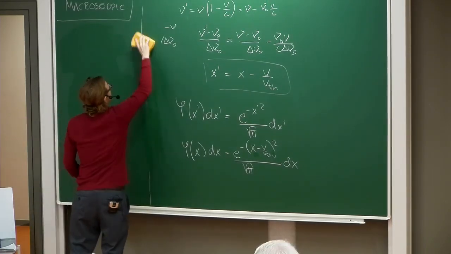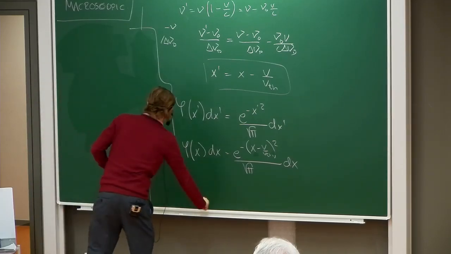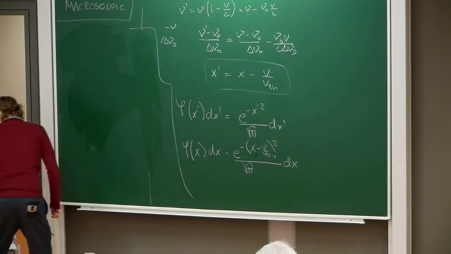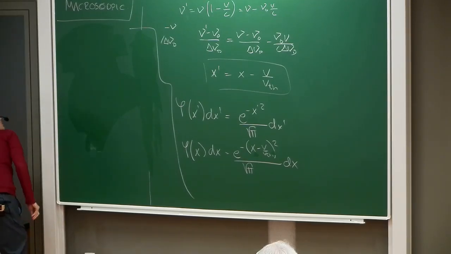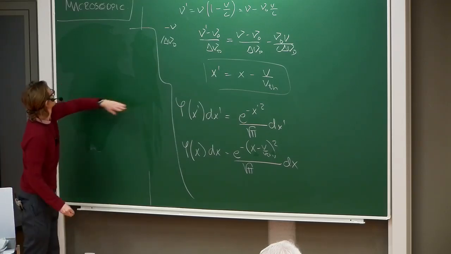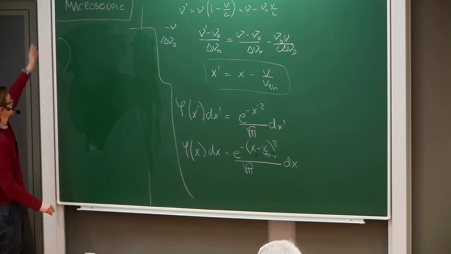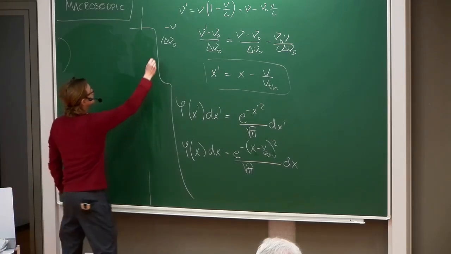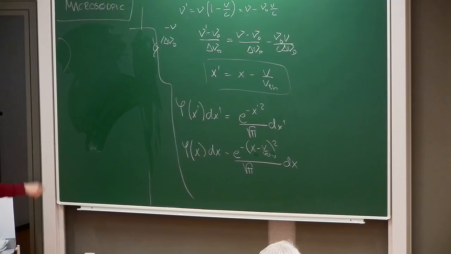So where can this matter then, except for in these unresolved? Well, it can also matter for individual sources. For example, consider a situation where you have an object here, say a star or an active galaxy.